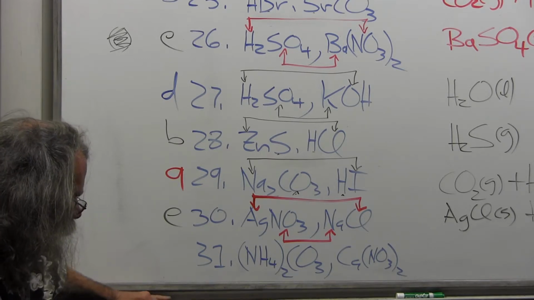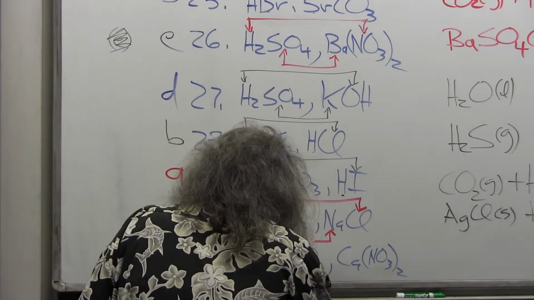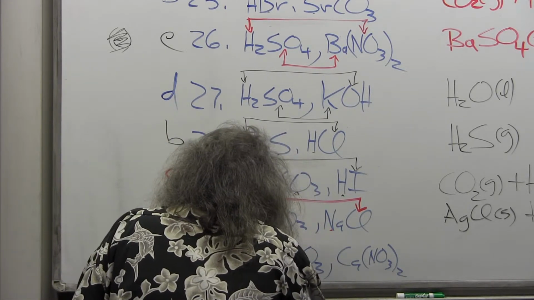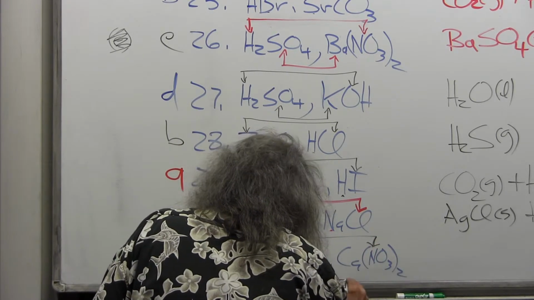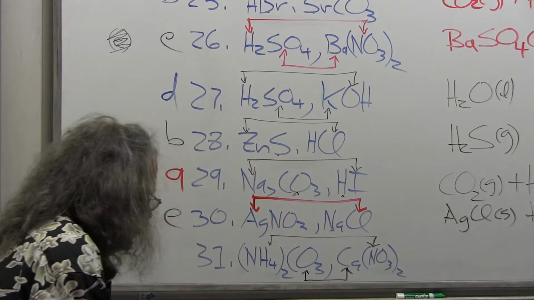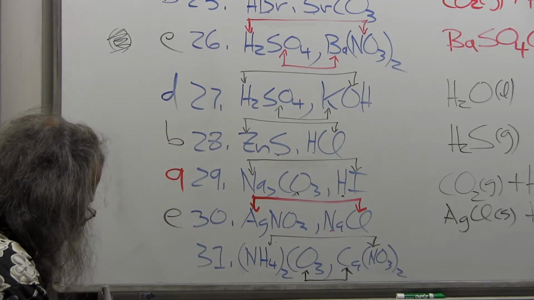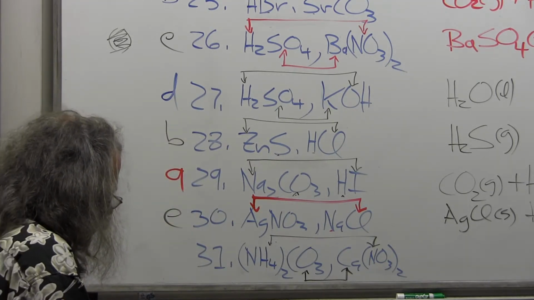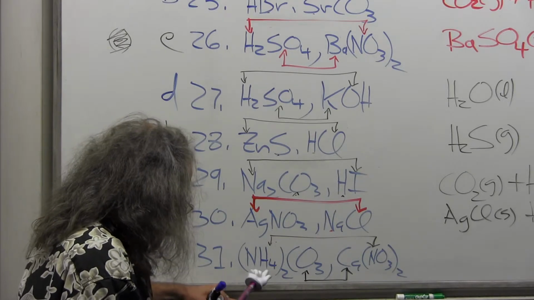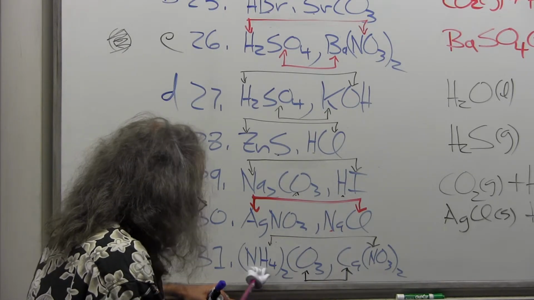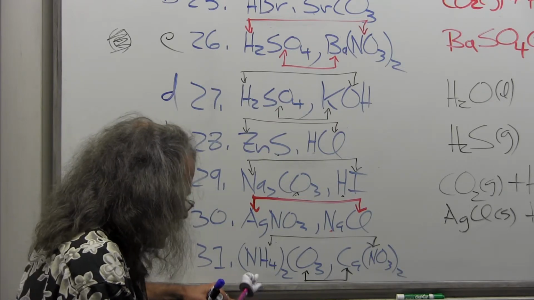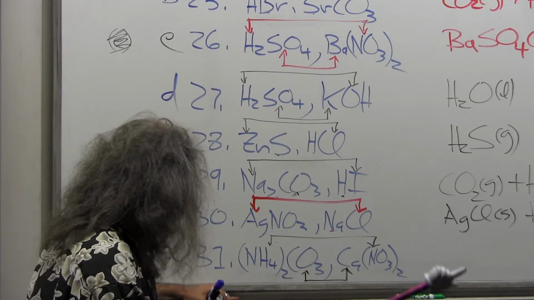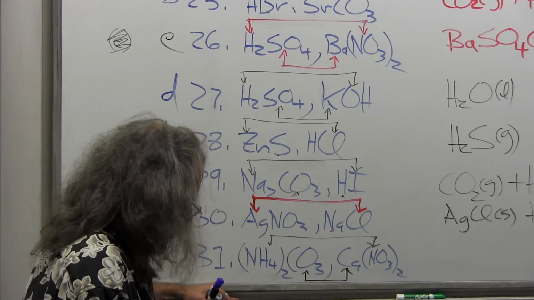Now I want to look at the inner and outer pair. I have to erase this to fit it in. The outer pair and the inner pair. In this case, I've got ammonium nitrate. Well, this is basically rule number 1 and rule number 2 in solubility. Those are soluble, so that goes without saying.